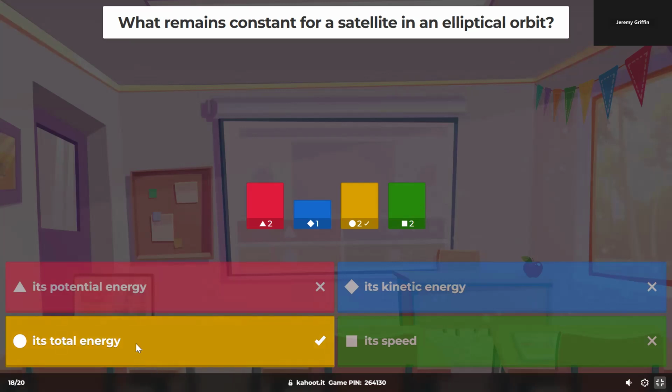We haven't actually covered this yet, but next week we'll start talking about this, which is that as long as you have a closed system, the total amount of energy stays constant. Energy is not something that you can create or destroy. Energy can take different forms. It can take the form of motion, that's called kinetic. It can take the form of location or height, called potential. There are some other forms too, like energy in a spring. But the total amount of energy stays the same.